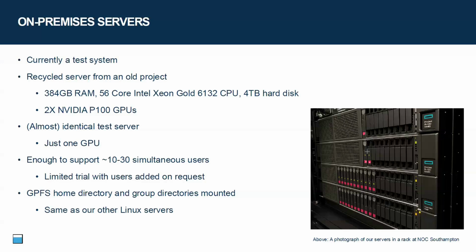Colin will talk about it later, but we are trying to buy some new hardware for this. So they're not wonderful, but they do have two old GPUs in them. They have two P100s, which I think are about 8 years old. And we have an almost identical test server set up as well, with just one of the GPUs. We reckon this is enough compute to support tens of users, depending on what they're up to.